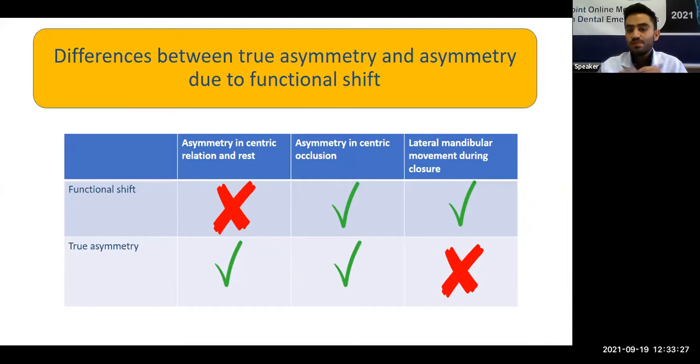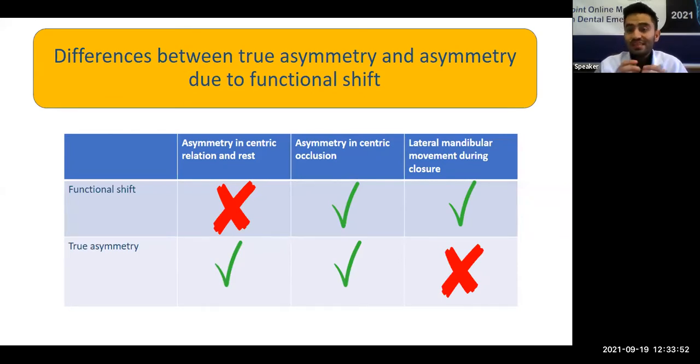So there are some differences between true asymmetry and asymmetry due to the functional shift. In the functional shift, we just see the asymmetry in centric occlusion. For example, when the patient is in centric relation, when she or he is speaking, talking, resting, smiling, there is no sign of deviation. But when going to the habitual occlusion or maximal occlusion, there is an asymmetry in the face.